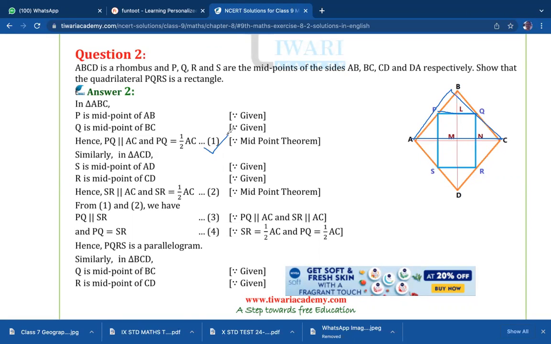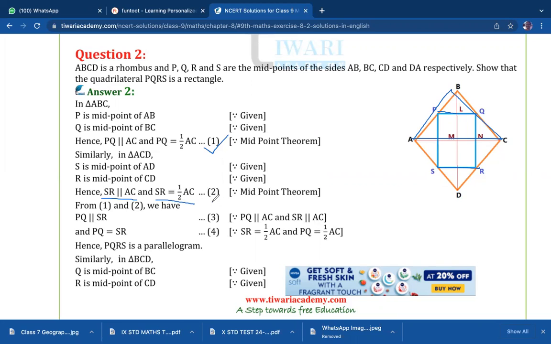Now let's take the triangle ACD. That means the other half, the downwards part, which is below AC. In this again, you know that S and R are the midpoints. The line joining the midpoints SR is always parallel to the third side AC and also half of it. So you have SR parallel to AC and SR is half of AC.